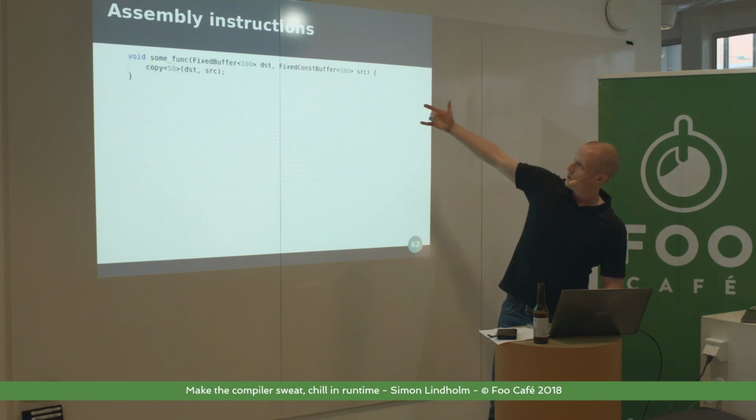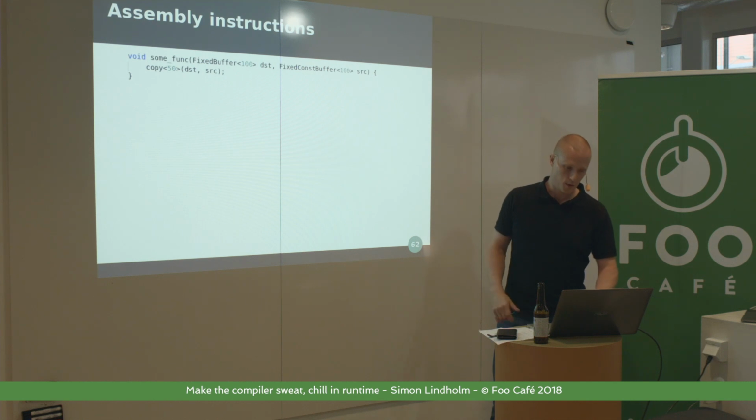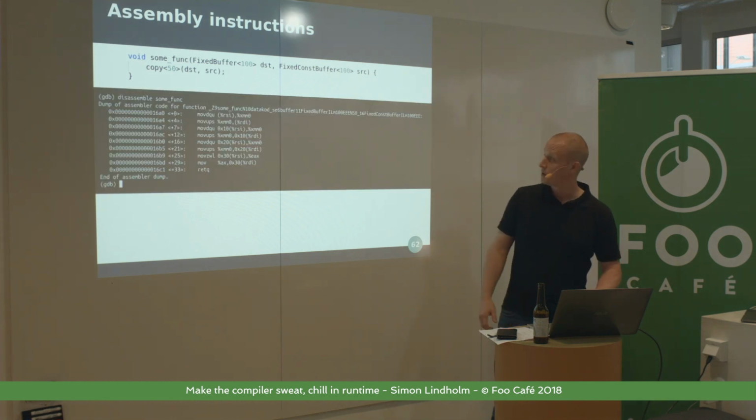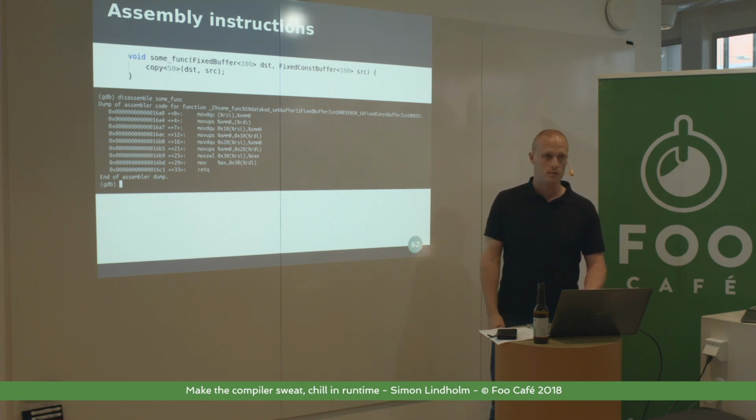And if you have something like this, we have two fixed buffers, and you copy some particular chunk of them. You copy the first 50 bytes of source to the first 50 bytes of destination. Then this is the resulting assembly of it. I mean, this is basically just memset with some weirdly optimized version of it.